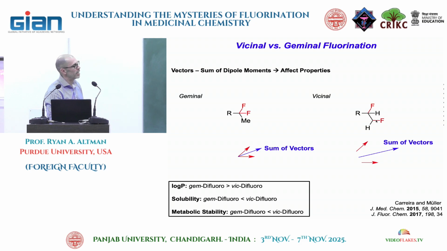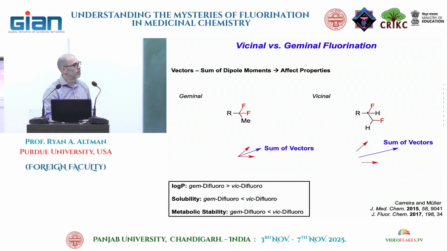When you have geminal difluorination, you have two vectors that are at tetrahedral angles from each other. And so the sum of the vectors, part of them cancel each other out, so the net sum is smaller than if you have vicinal difluorination. If you have vicinal difluorination, the sum of the vectors is going to be greater there.